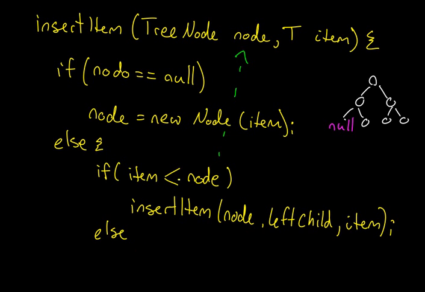Otherwise, and we'll just put another equals here, I guess. Putting an equals here, or equals to, is really up to the programmer, where they want items to go that are equal to the root, or whether they want to replace it, or they could simply leave this out and make a special case saying, well, if the item is equal to the node, then it's a duplicate, so you don't put it anywhere at all.